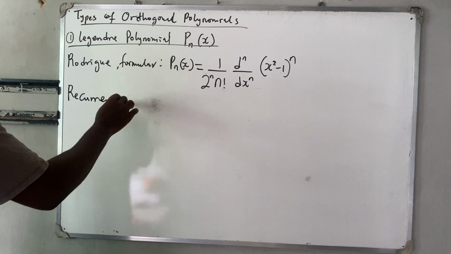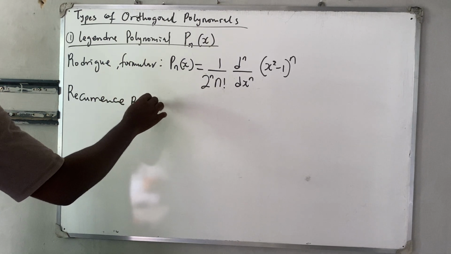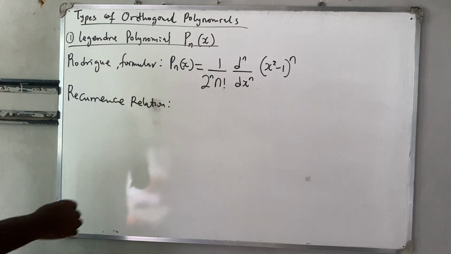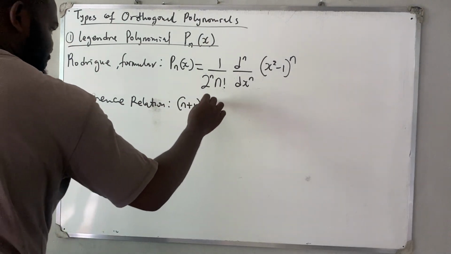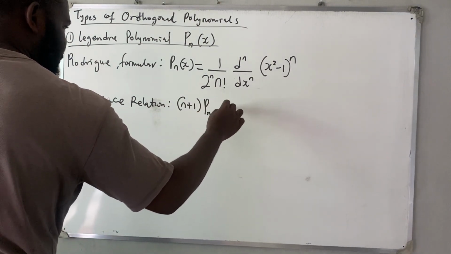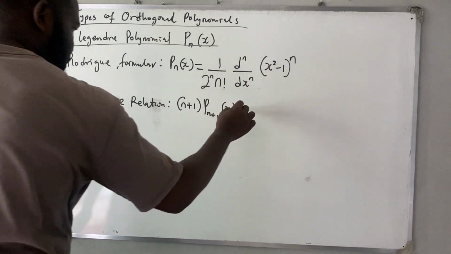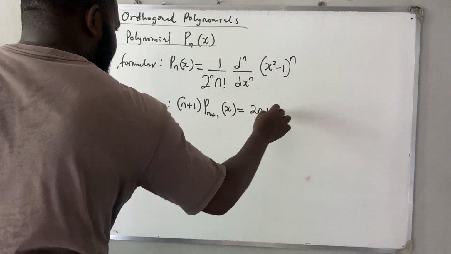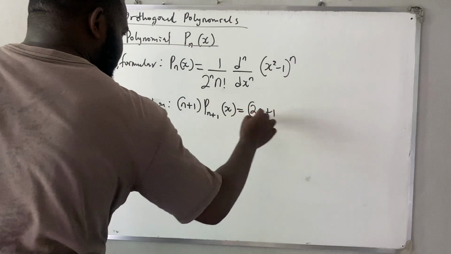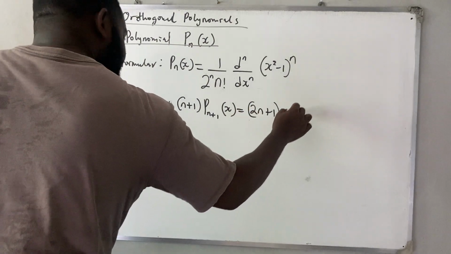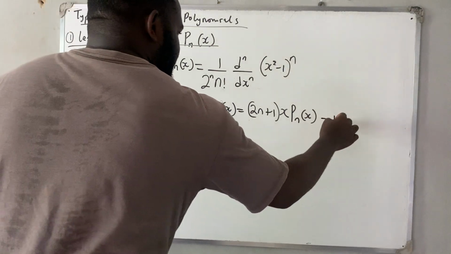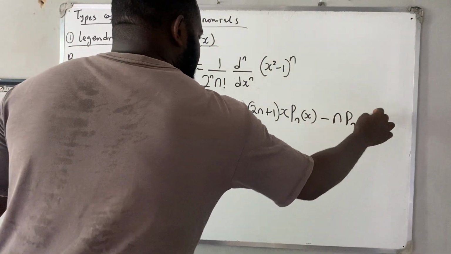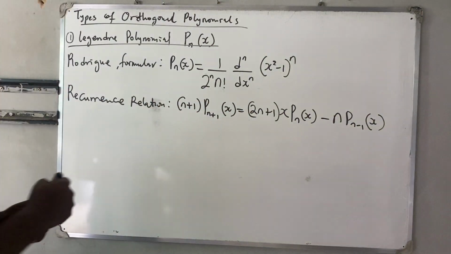Recurrence relation. The recurrence relation for Legendre is given as (n+1)P_{n+1}(x) = (2n+1)x P_n(x) - n P_{n-1}(x).